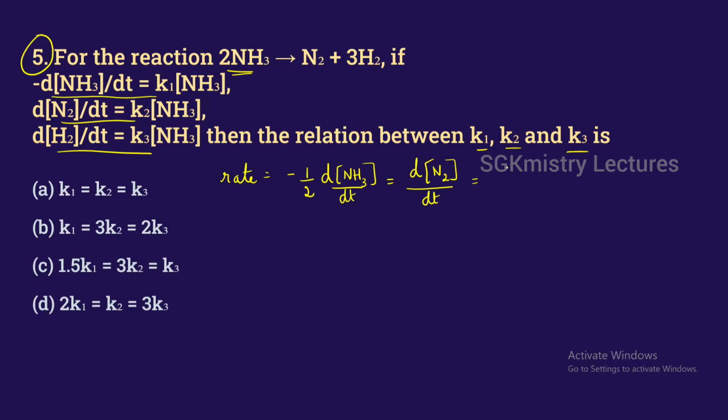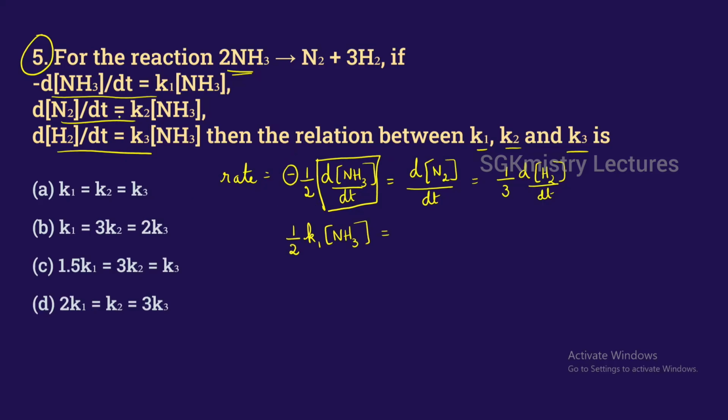Here we have 3, so 1 by 3 d of concentration of H2 divided by dt. Now, minus d of NH3 by dt, this part is represented as K1 into NH3. Right? And already we have this half. So let me write it like this.